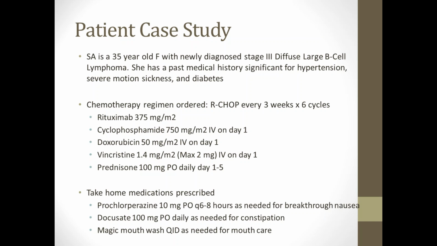And I've listed out the drugs here for the R-CHOP, which are rituximab, cyclophosphamide, doxorubicin, vincristine, and prednisone, and there's your schedule of administration. And then take-home medications prescribed include prochlorperazine or Compazine as needed for breakthrough nausea, docusate as needed for constipation, and Magic Mouthwash as needed for mouth care.